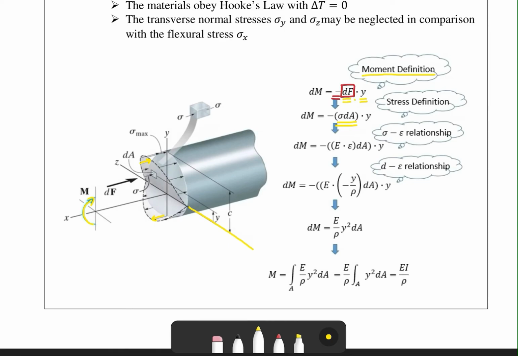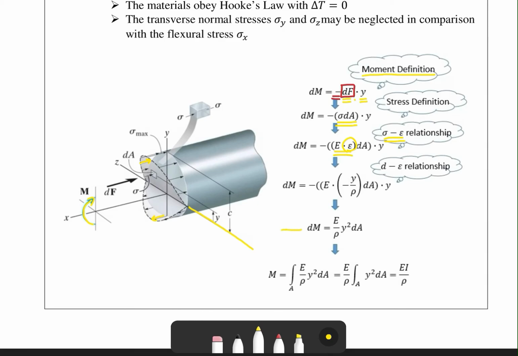And then after this, we are going to think about Hooke's law, because the stress equals the Young's modulus times the normal strain. And remember, we just derived the normal strain here. It's negative y over rho. So let's put it in here.